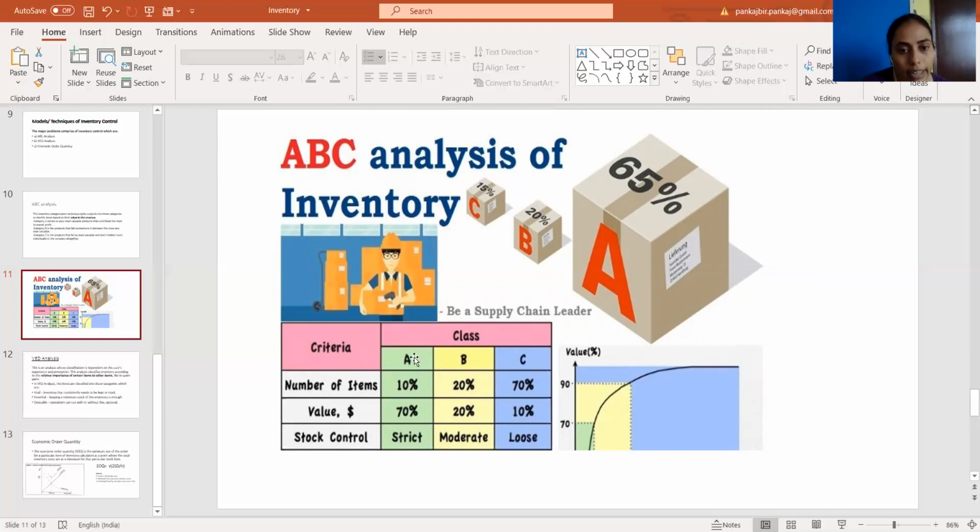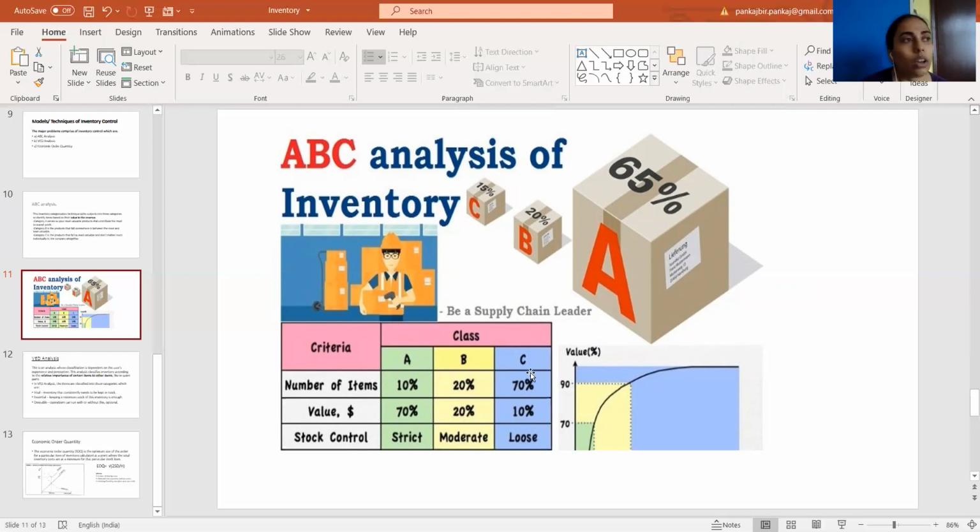For the A category, it is a general idea that around 10% of the items in your inventory contribute around 70% of the revenue generation. In the B category, 20% of the items are kept, which contribute near about 20% of the value in terms of revenue.